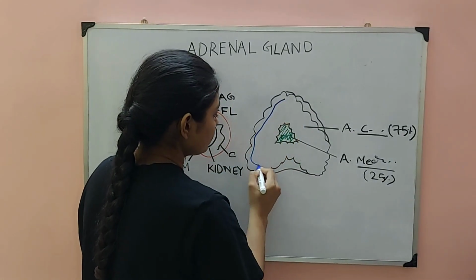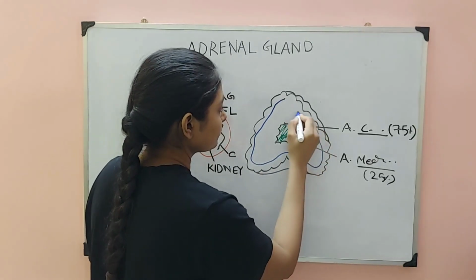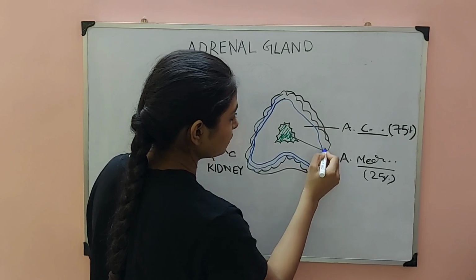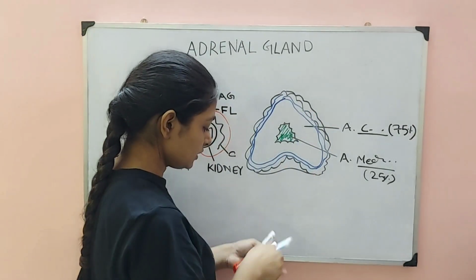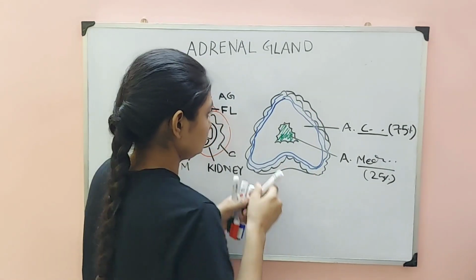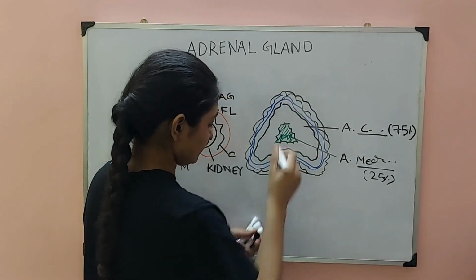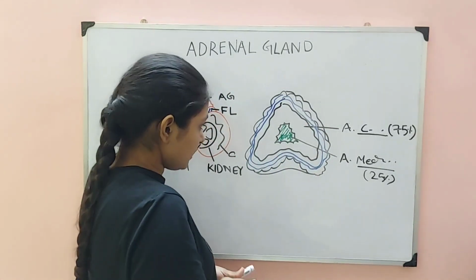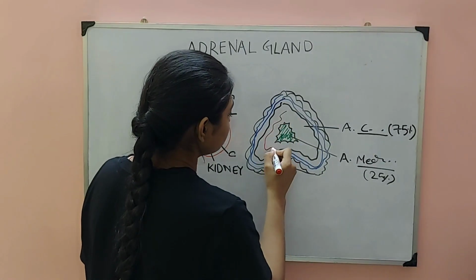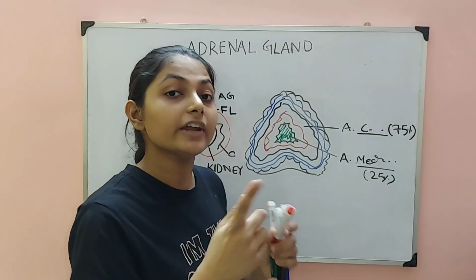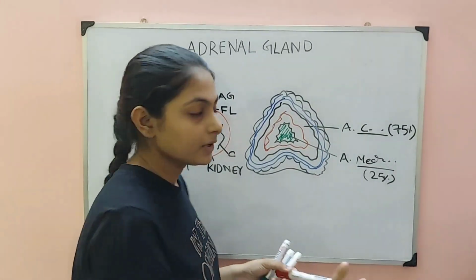So the outer layer, coloring that with blue. Next, black middle layer, and inner red color. So inner red color, inner of adrenal cortex, not of the gland. Alright.